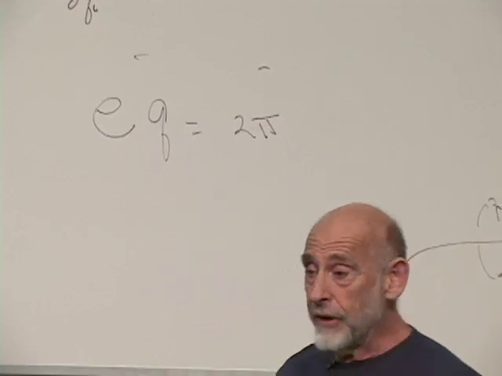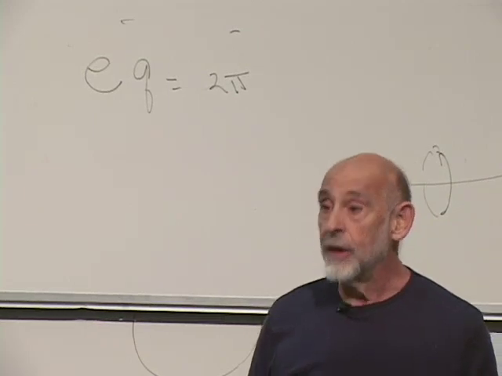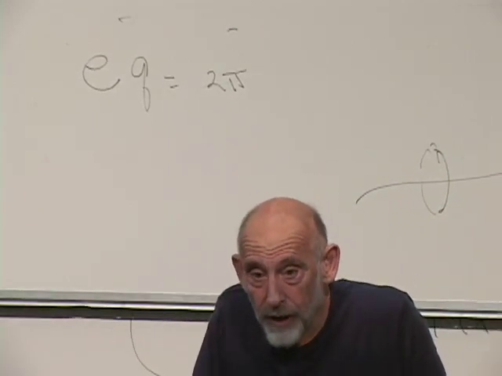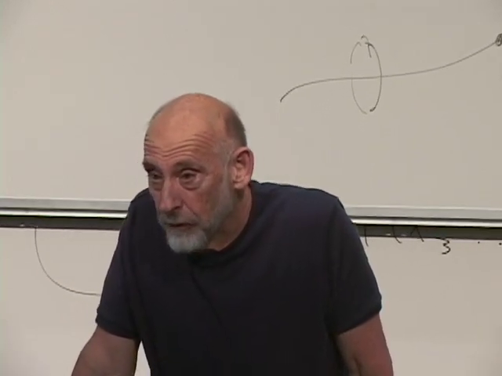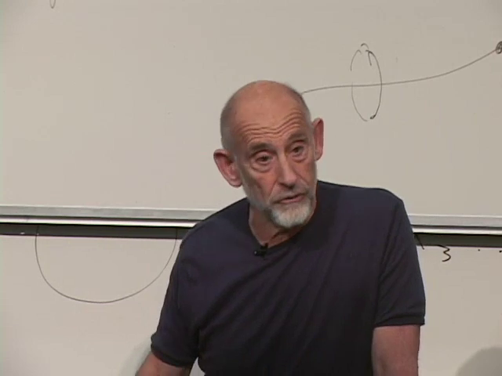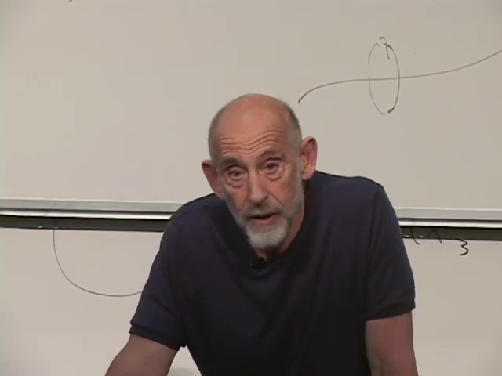That means if the electric charge is very small, then we get to do quantum electrodynamics in the way that we've all learned how to do it, Feynman diagrams and so forth. Feynman diagrams are not very effective if the electric charge is large. Why not? Because each Feynman diagram contains a bunch of vertices.